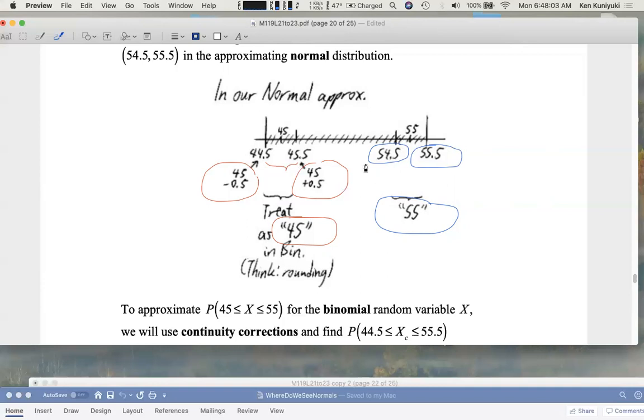So I shade in both these boundary blocks, which means where are our actual goalposts when we convert to z-scores? What are the boundaries for this shaded region? We go all the way from 44.5 over here, I'll put this in purple actually, as our left goalpost to 55.5 over here as our right goalpost. And the shaded region that we want is everything in between.